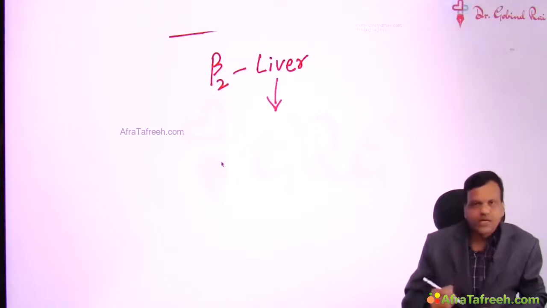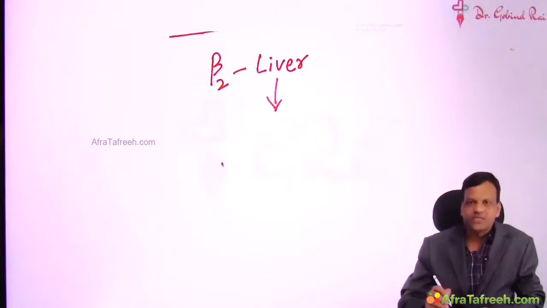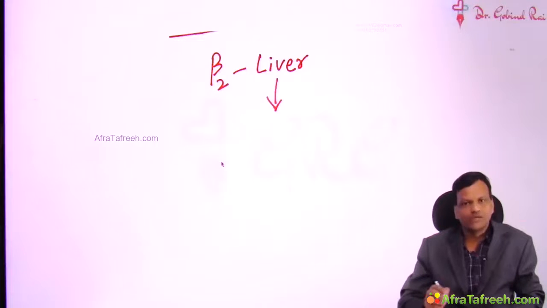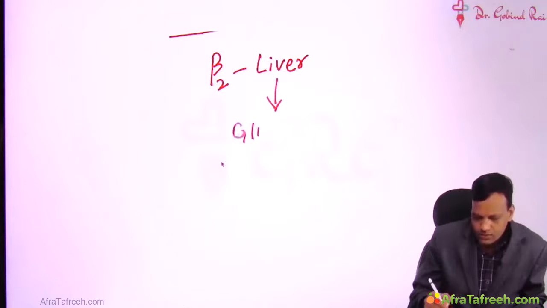So when beta 2 is stimulated in the liver, it will shift the metabolism in such a way that blood sugar starts increasing. That means all the biochemical processes which are forming blood glucose will be stimulated and those which are consuming it will be inhibited. So there will be stimulation of gluconeogenesis.